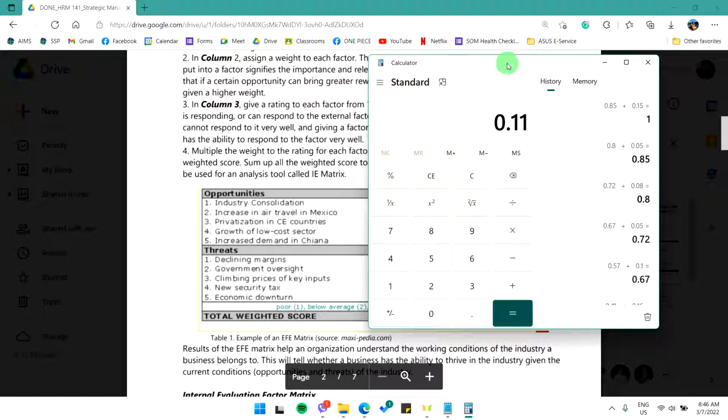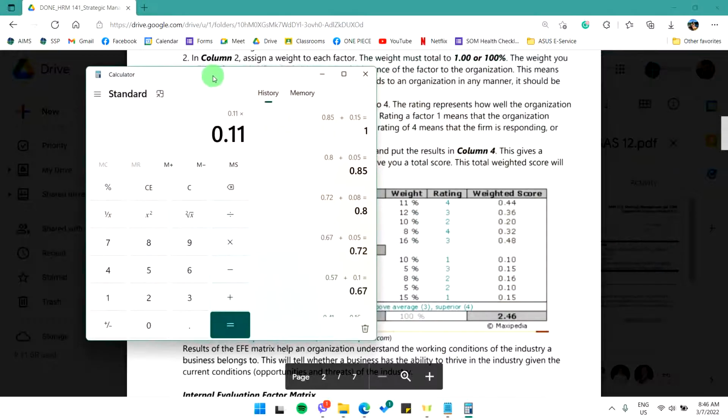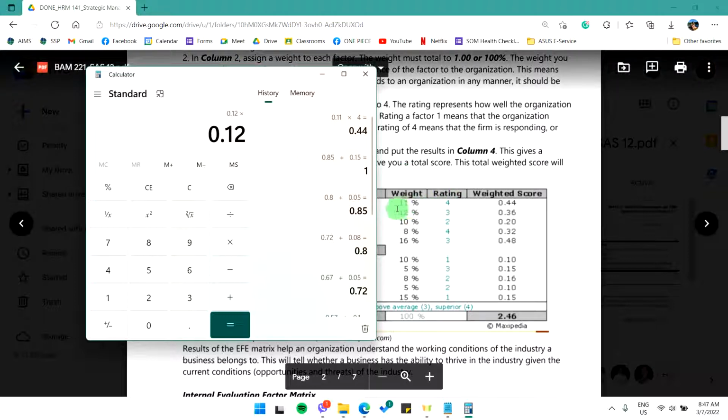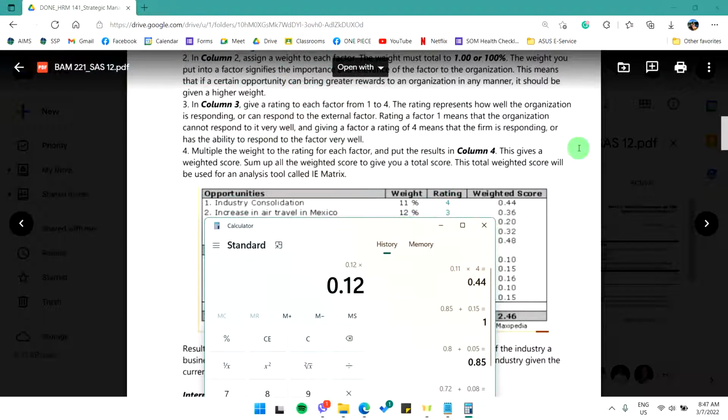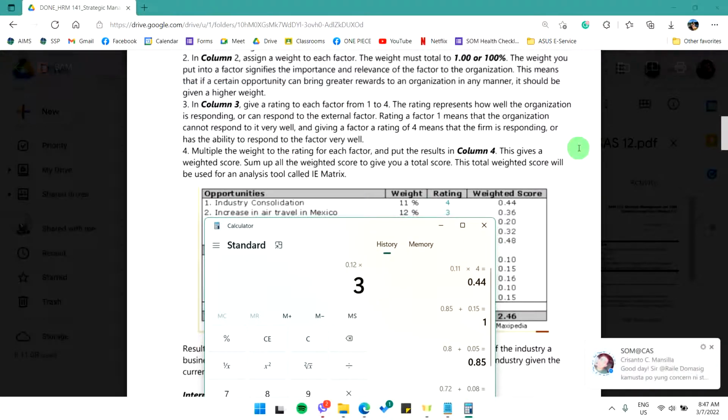And then, 0.11 times the weight value is 4. So, that should be 0.44. Try natin sa iba. 0.12 times, nandito na tayo sa second weight value. Weight value for increase in air travel in Mexico. 0.12 times 3, that is 0.36.